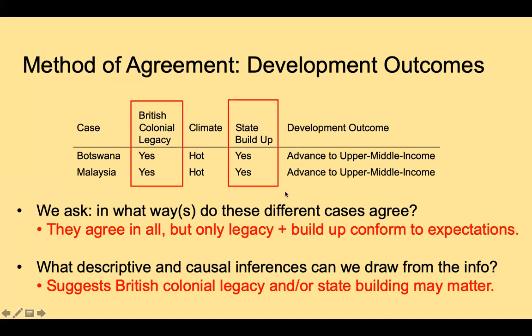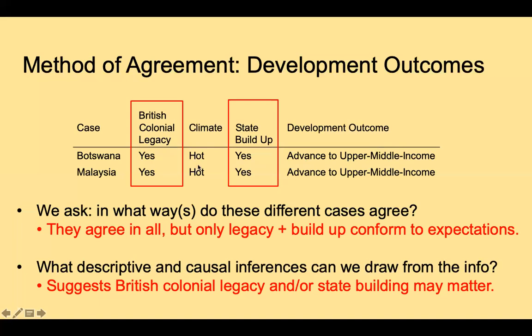So what we can say is that climate, hot climate, does not appear to cause underdevelopment, because if hot climate caused underdevelopment, we would not see advance to upper middle income. We would see continuation of lower income status. These countries advanced to upper middle income status despite having a hot climate.